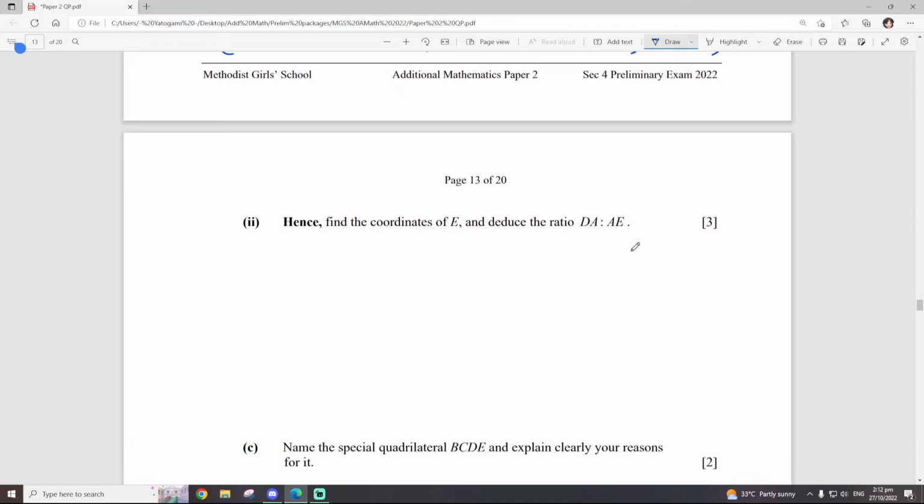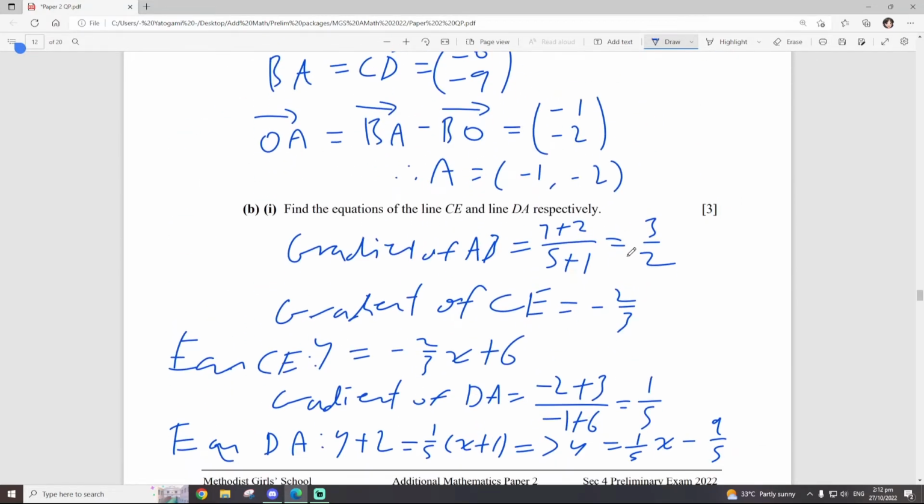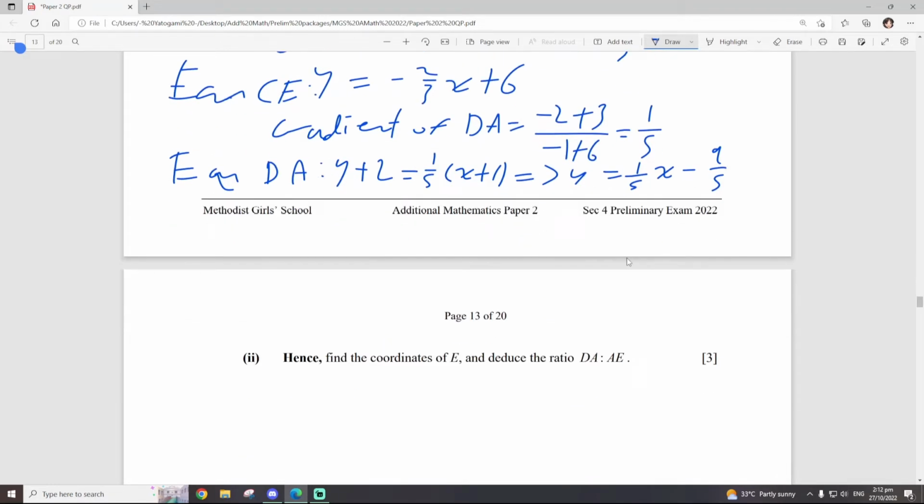Find the coordinates of E. Hence, that is just equating CE and DA. So we have y equals -2/3 x plus 6, and y equals 1/5 x minus 9/5. Solve these simultaneous equations.